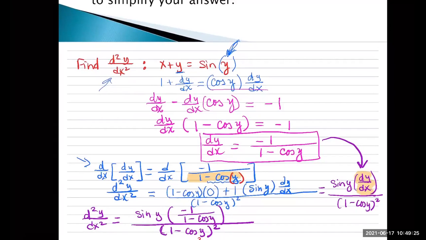And I have to rewrite that. Never leave complex fractions in your answer. So I'm going to multiply the top and the bottom times 1 minus cosine y. So when I do that, on top, I'm going to have minus sine y. On bottom, I will have 1 minus cosine y to the third.